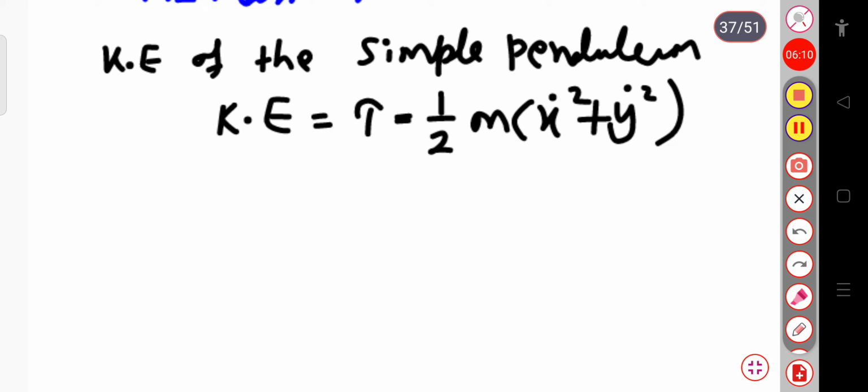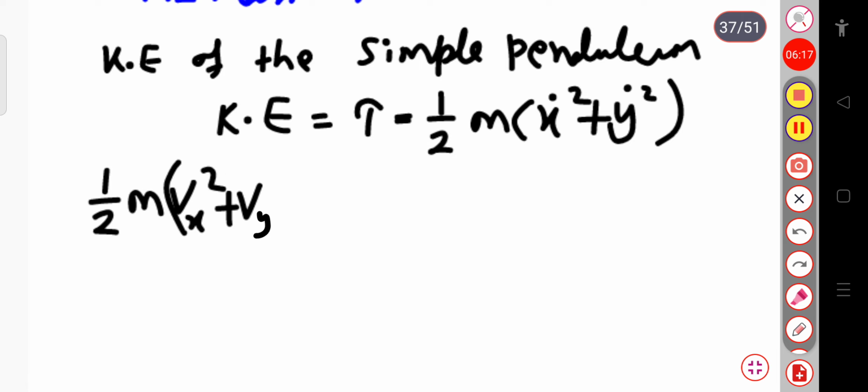Simply, the kinetic energy is half m v square. In place of v square I will write vx square plus vy square. So vx square is x dot square, plus y dot square. So the kinetic energy is half m (x dot square plus y dot square).